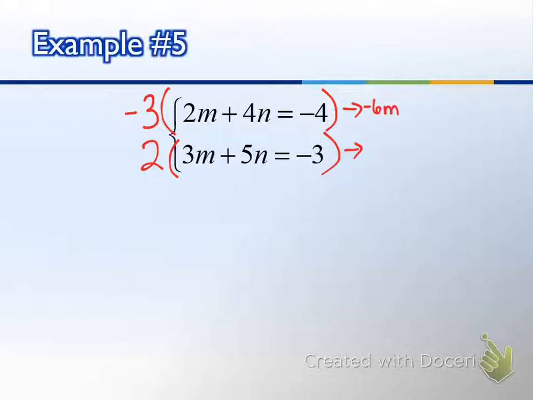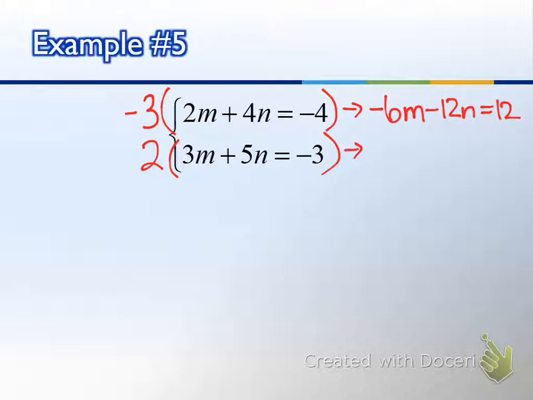-6m minus 12n equals what? Wonderful. -6m minus 12n equals 12. All right. Any takers to tell me what I get in the bottom?